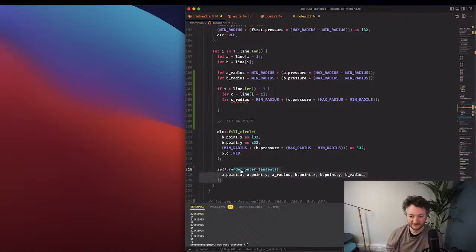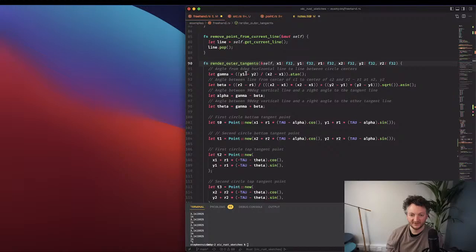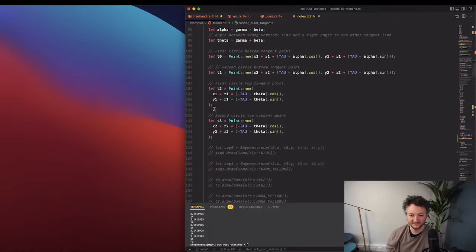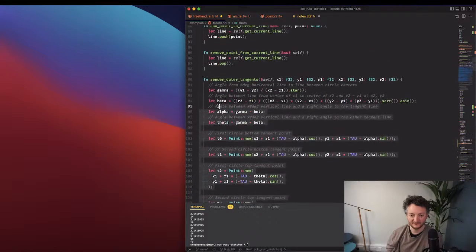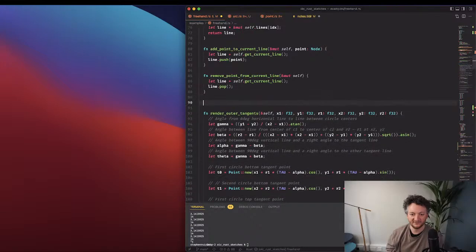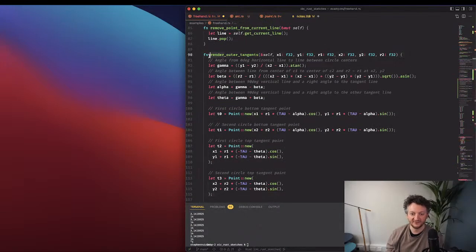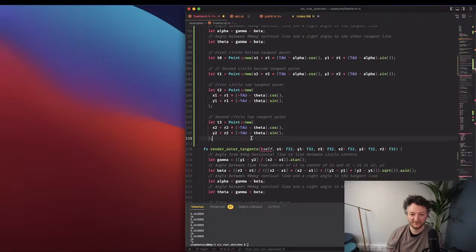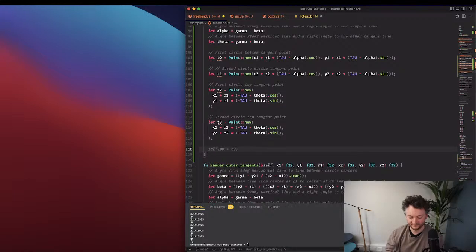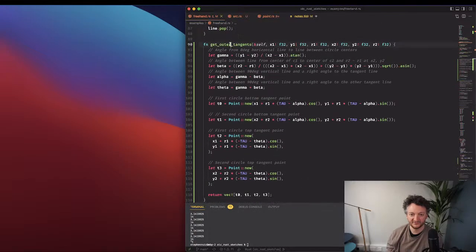Render outer tangents. Let's just get those outer tangents. I'm just going to copy this, and I'm going to say function get outer tangents. Then I'm going to return them as a vector.